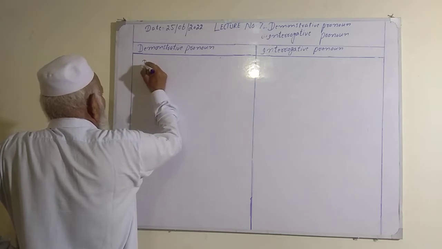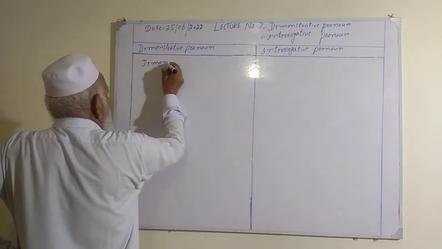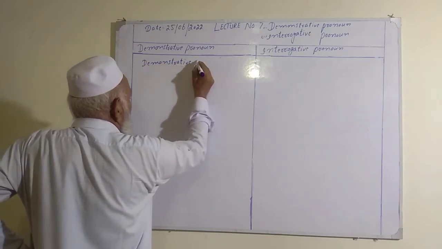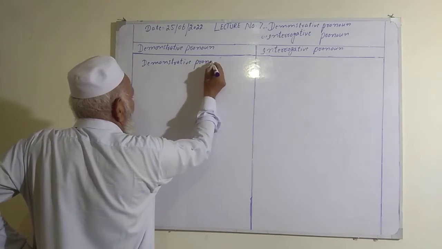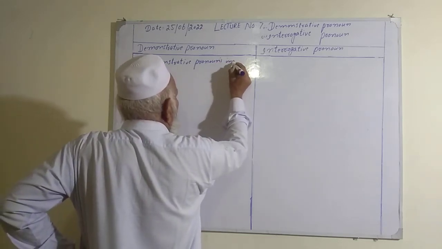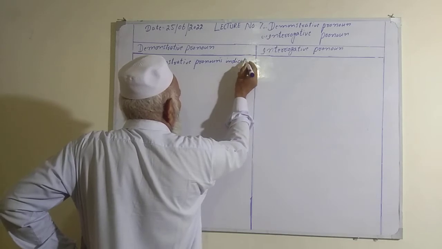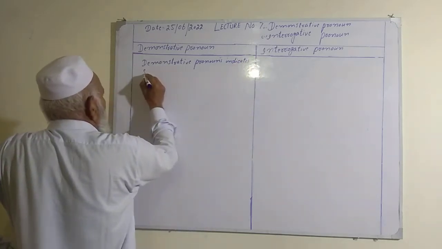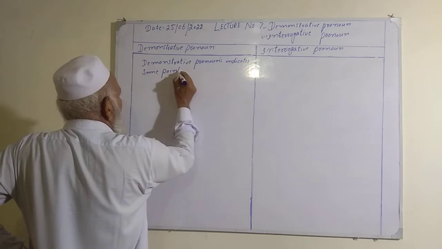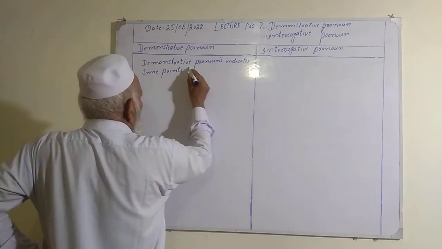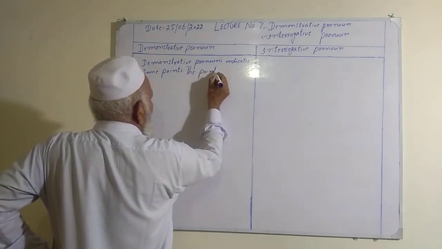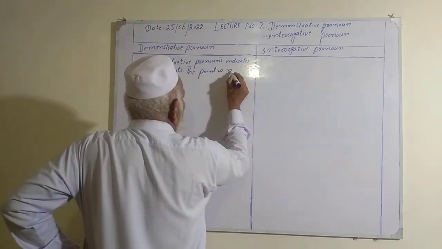Demonstrative pronoun indicates some points. The point is as nearest.